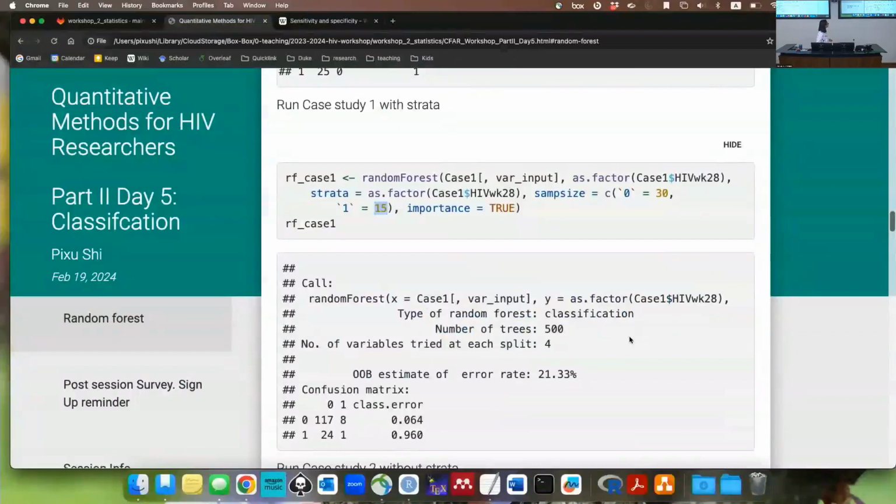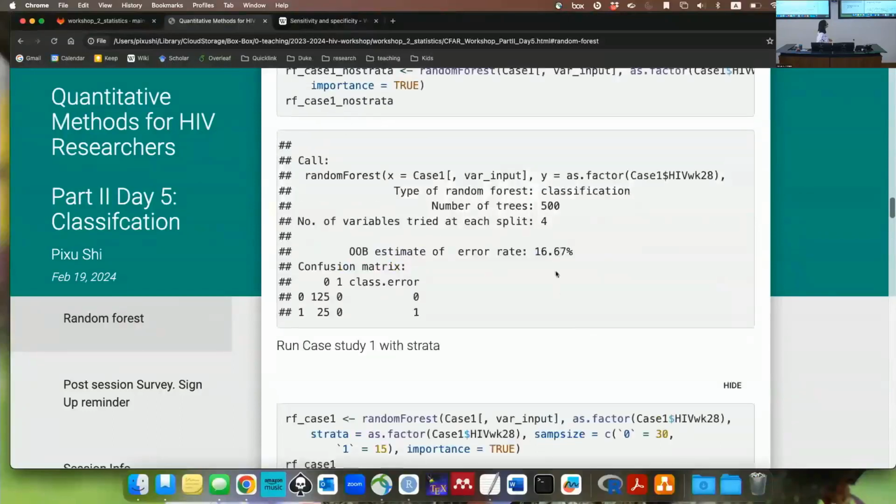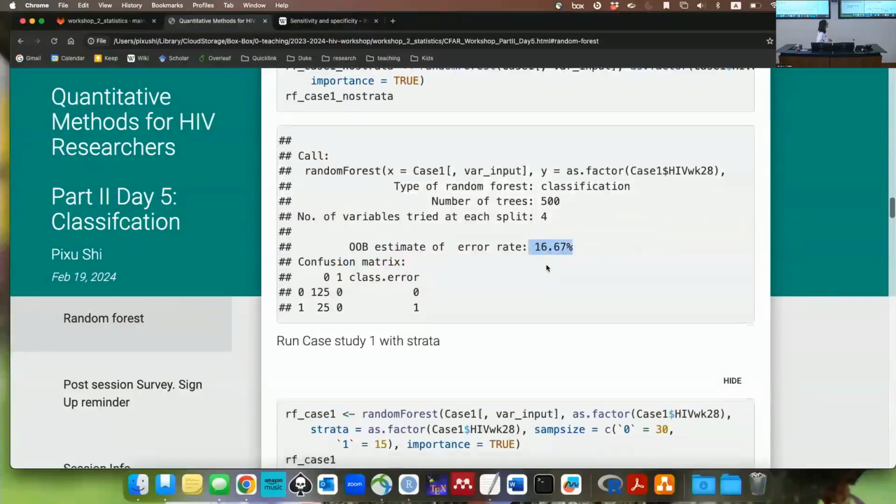You can tweak that, but if I change it into stratified sampling, at least I'm classifying some people into the cases. The overall estimation error, this is the out-of-bag prediction accuracy, the misclassification rate, is higher than this one. Because the best classifier should just classify everyone as uninfected.